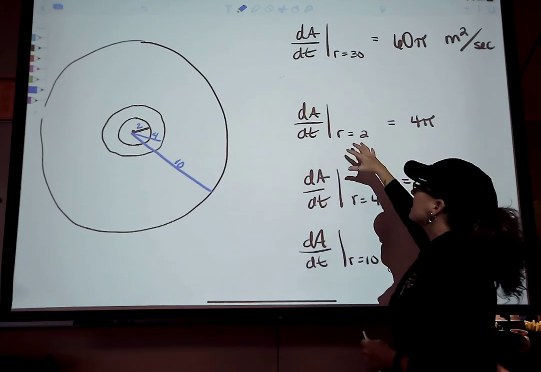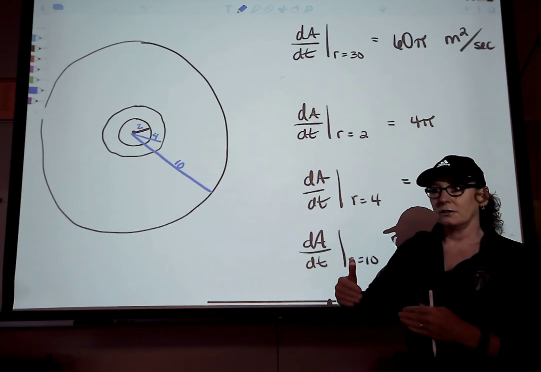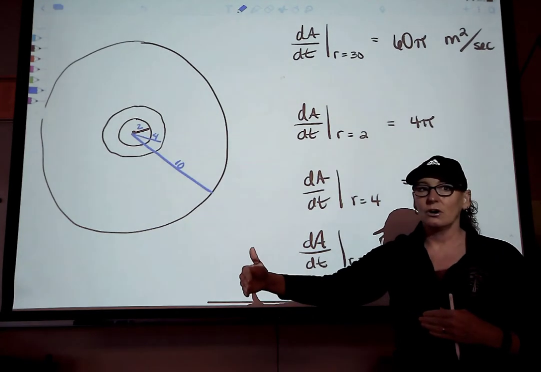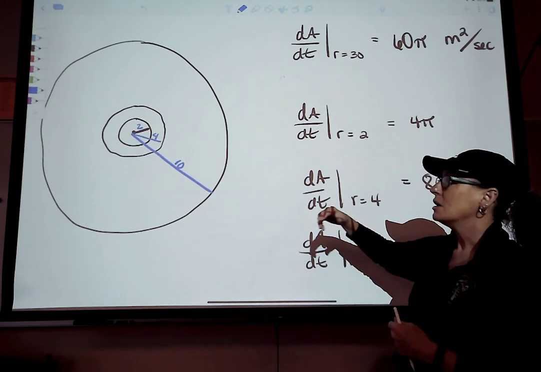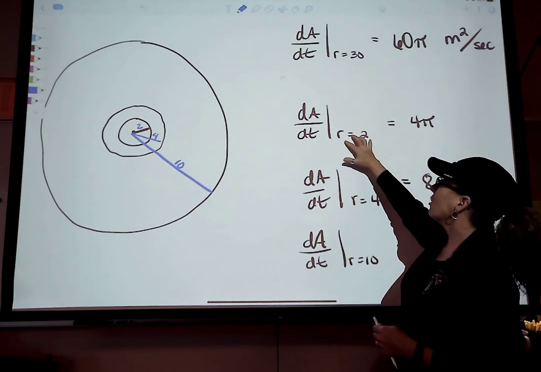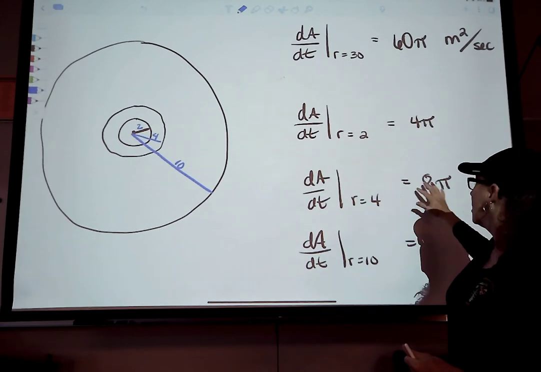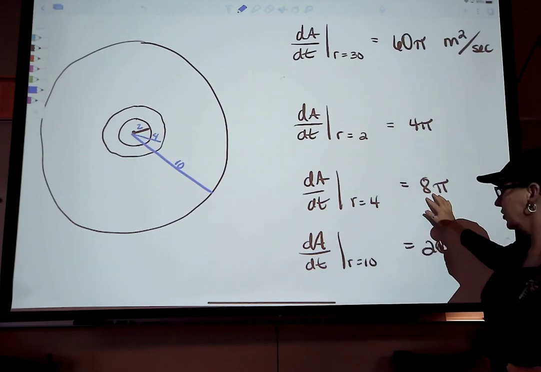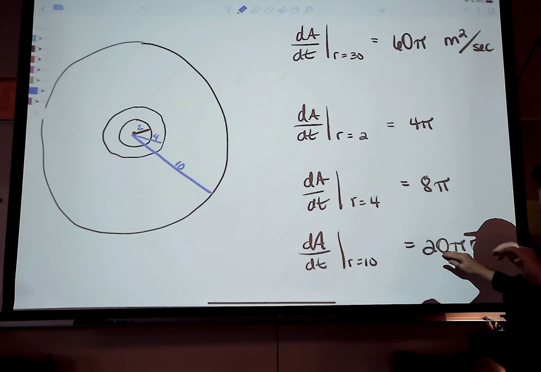So you can see that r is growing at a constant rate. r is 1, r is 2, r is 3, r is 4, r is 5. That's a constant rate. The area, however, when r is 2, this is how fast it's growing. When r is 4, oh my goodness, now the area is growing faster. When r is 10, the area is growing faster.